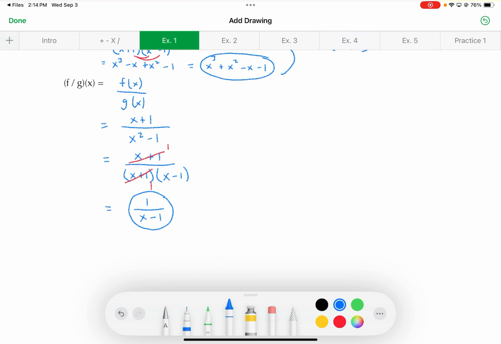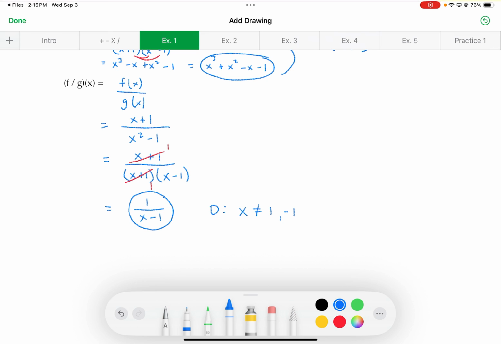All right, now, domain is got to consider the fact that we have a fraction here with some variables in the denominator, right? What is x not allowed to be? Okay, x cannot be 1. And you probably answered that from the final denominator here. But we have to answer domain based off of the original denominator before we simplified.